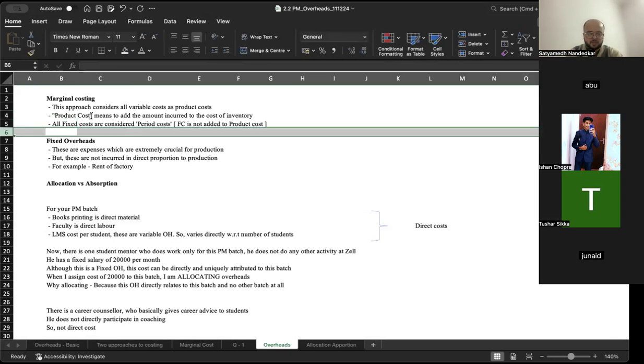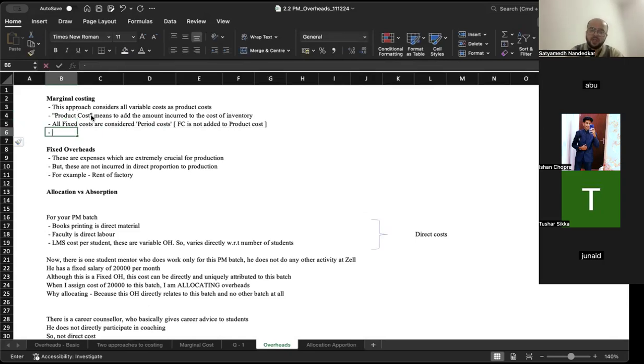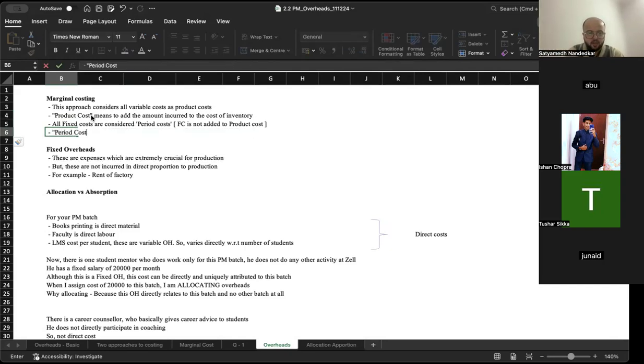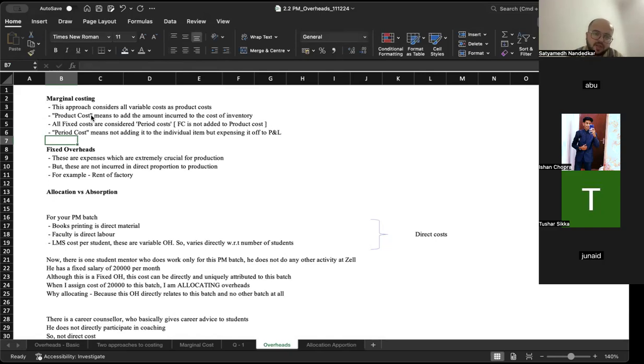And period cost means straight away not adding it to the individual item, but rather expensing it off to your profit and loss account.